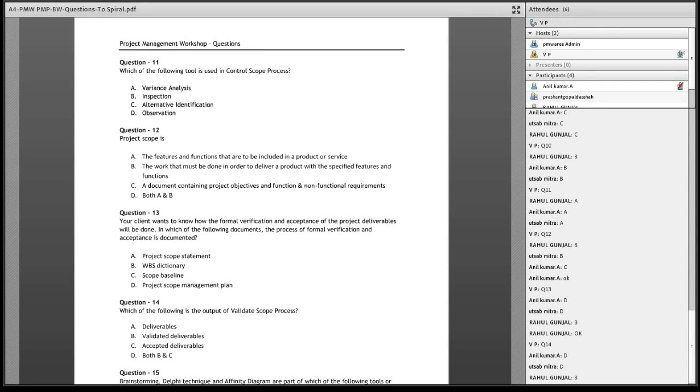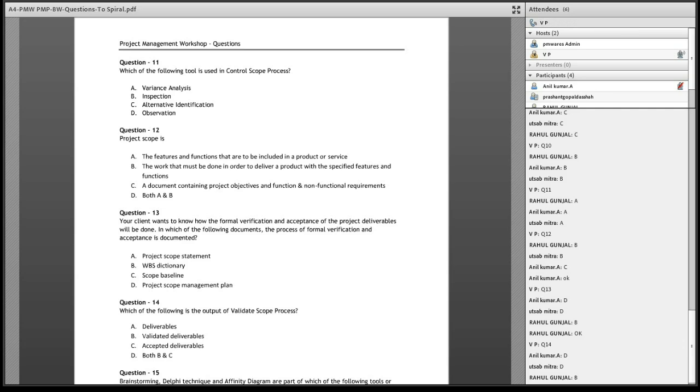D, D and B. Okay. Which of the following is the output of the validate scope process? Oh, this is a true and false question, right? If you go into the handouts, you can see what the output is, and it is neither D nor B. It is C. Validated deliverables are input to the validate scope process.